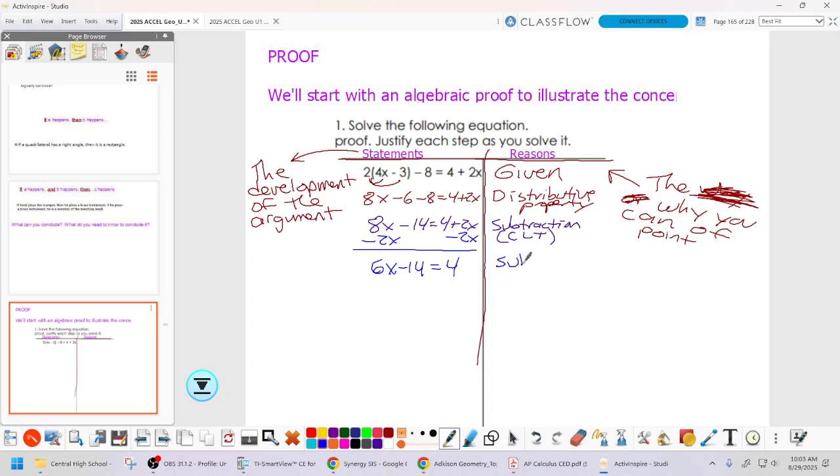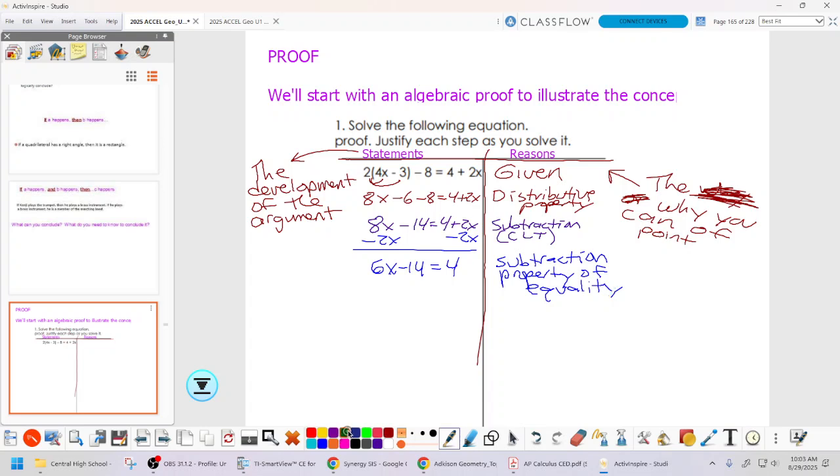And so Kenzie said subtraction, but technically it's the subtraction property of equality. Because subtraction would say subtract 2x, right? But the fact that we did it on both sides is the subtraction property of equality. That's the mathematical reason for why we were able to do that. Okay?